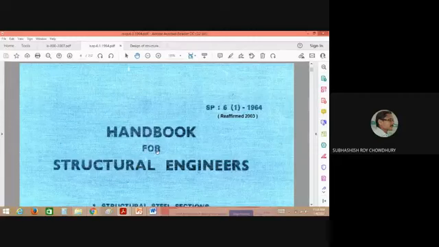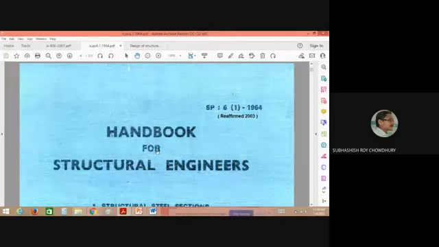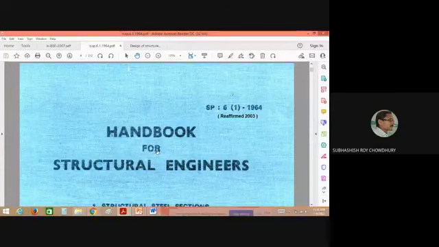First of all, some sections in this handbook are nowadays not available in the market. We are not using them in the designing of steel structures. And another important point is that other than these standard sections, some other steel sections are being prepared by different structural steel manufacturing companies.